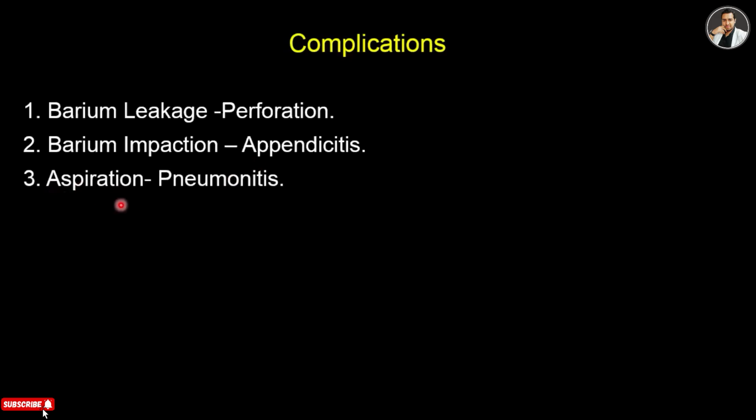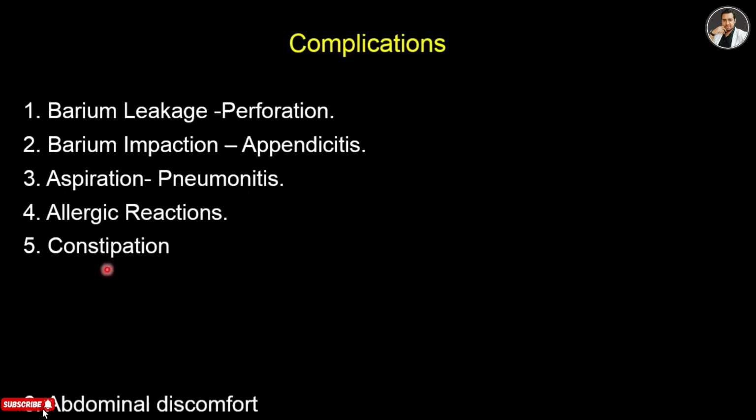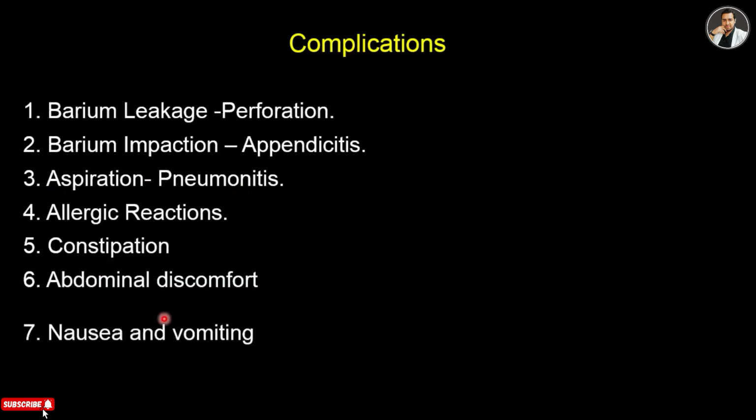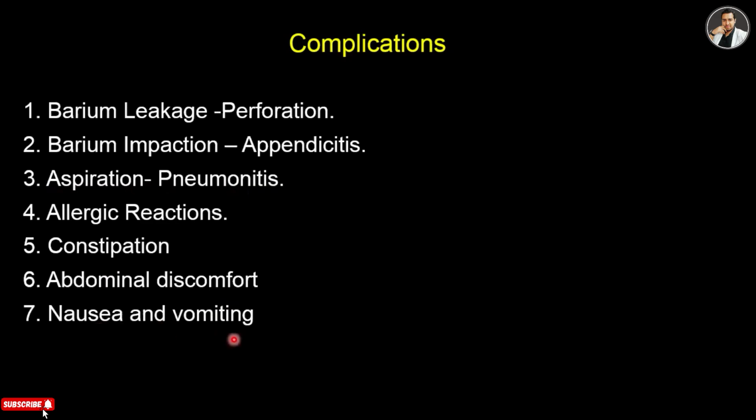So the barium may go to the lungs through any tracheoesophageal fistula, and pneumonitis or chronic infection of the lungs can occur, and then allergic reaction, and then constipation, a common complication, and then abdominal discomfort or cramping, and nausea and vomiting. So these are the common complications that may happen. The first 3 or 4 are serious complications, and the last 3 are non-serious or general complications.